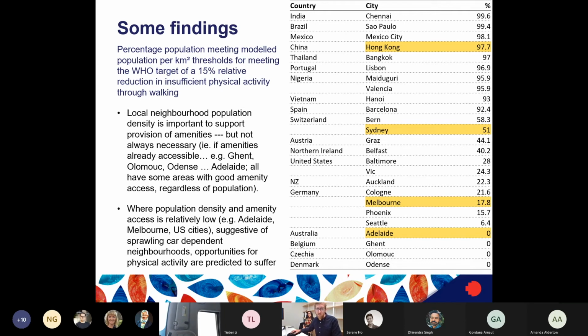But where population density and amenity access is relatively low, for example, many large portions of the cities of Adelaide and Melbourne and US cities, it is suggestive of car-dependent neighbourhoods and where opportunities for physical activity would be predicted to suffer.